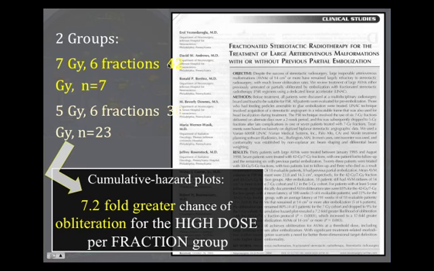They increased 2 grays per day and added 1 fraction. So they were comparing what we have, 30 gray versus 42 gray total dose. And they did see a major increase in the odds of obliteration. So they were able to obliterate giant AVMs in 83% of the cases within 2 years.